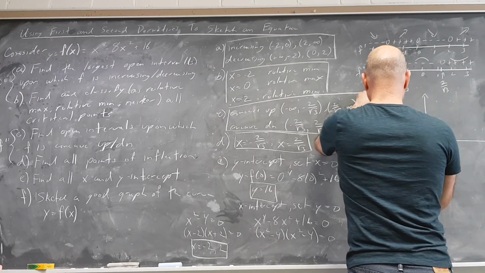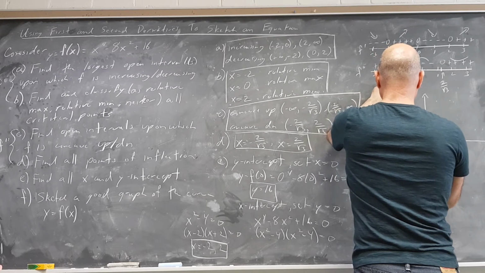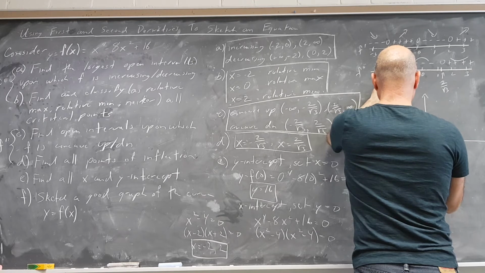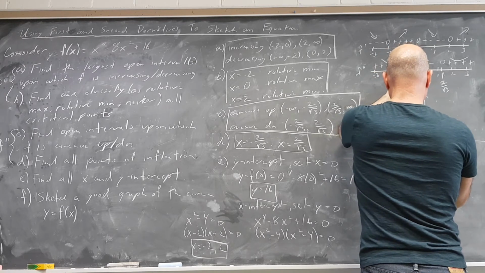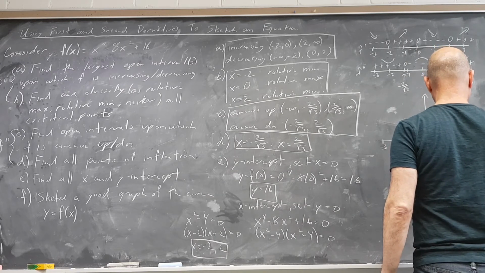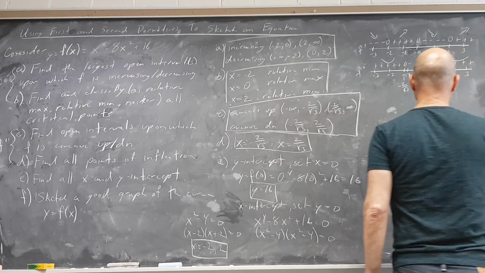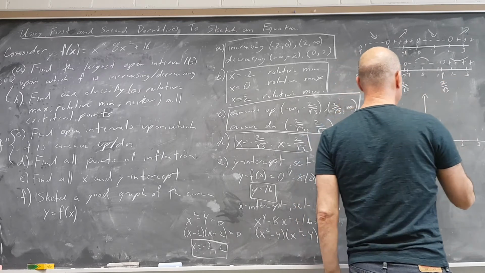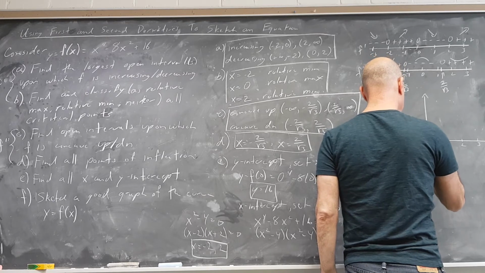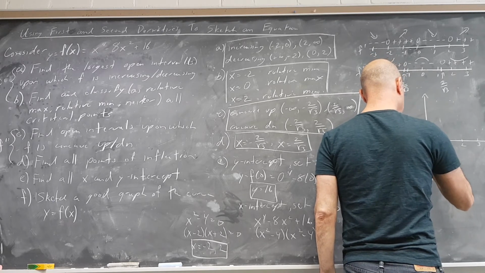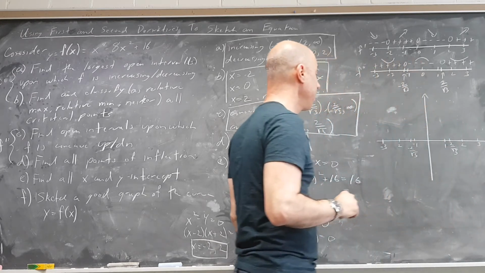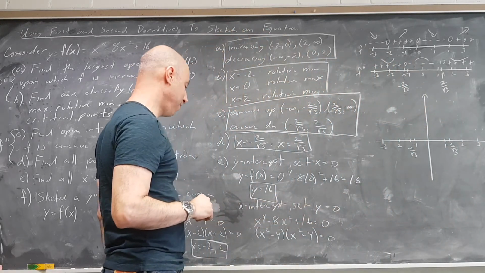This may look a little distorted on your picture because the camera isn't quite square to the board. But hopefully it looks approximately right. I'm also going to put these points that I've marked down, the minus 2 over root 3 and the 2 over root 3. And let's see, what do I know so far?